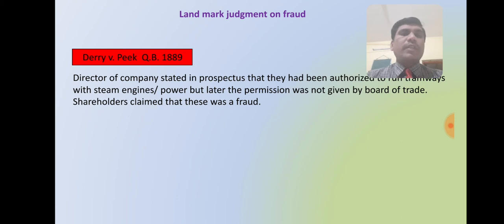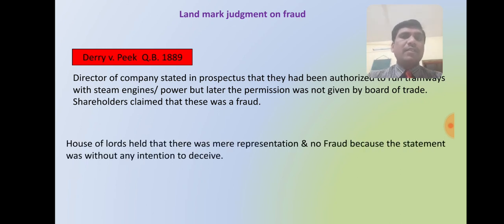So this is a case in the United Kingdom, and a very landmark judgment, and it distinguished between fraud and misrepresentation. What is fraud and misrepresentation? So the House of Lords held in this case that there was mere misrepresentation and no fraud, because the statement was made without any intention to deceive.